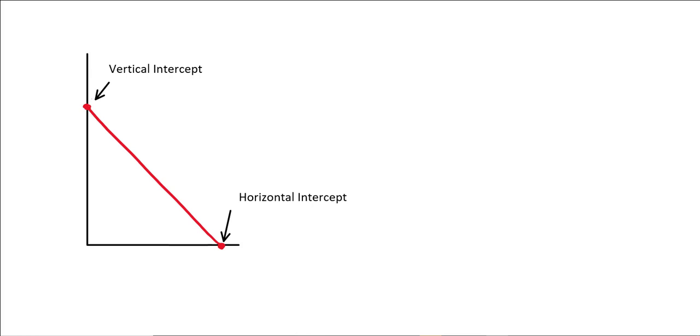Now let's suppose our dependent variable is y and our independent variable is x. Then at the vertical intercept, the independent variable has a value of 0, and this will always be the case. The value of the dependent variable at the horizontal intercept will be 0, and this will always happen.